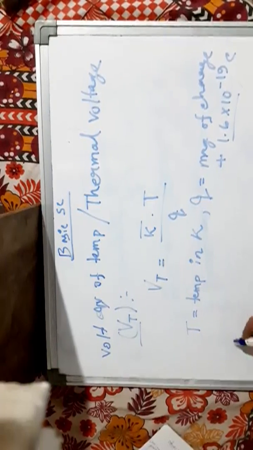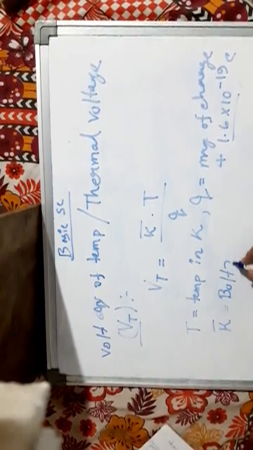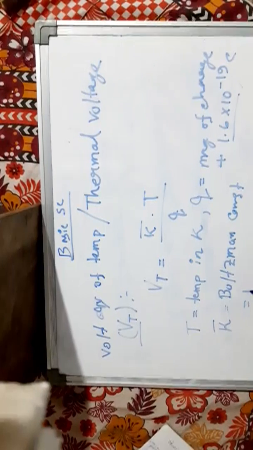And you need to know what k is. k is the Boltzmann constant. You know this value is 1.38 into 10 to the power minus 23 joule per degree Kelvin.